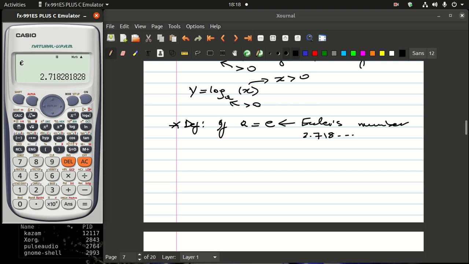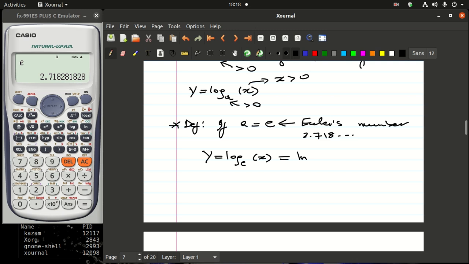So if the base here is e, then the function y is equal to log e of x. We define it as ln of x. This is the natural logarithmic function. Natural because this e is a natural constant, and this ln is here in a calculator.